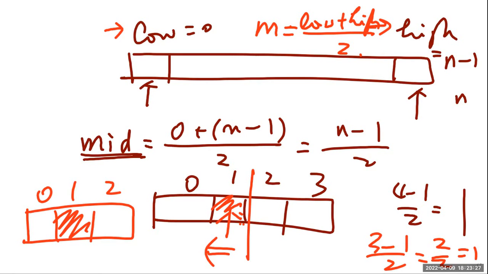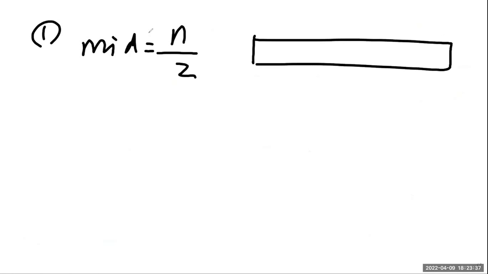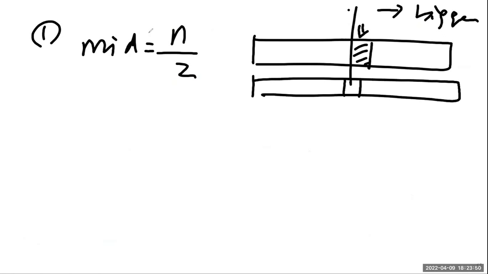So we have two systems. First system, your mid value is calculated by the length of the array divided by 2. In this case, with an even number of elements, it will be the middle value on the bigger side, or with an odd number, it will hit the right middle.